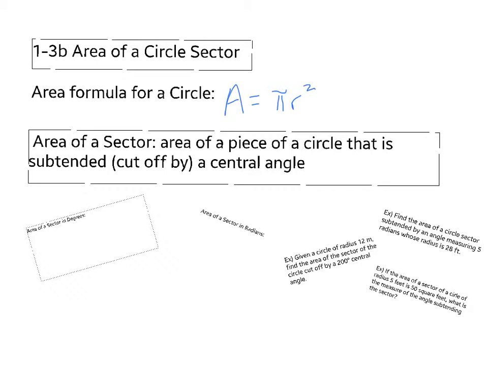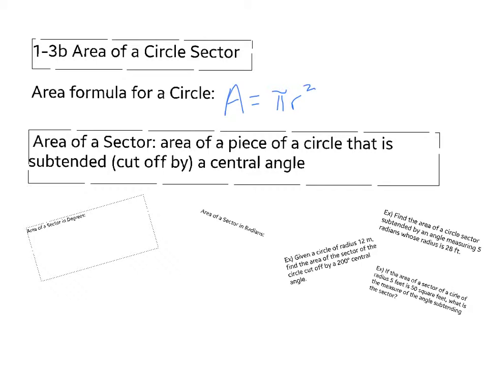So when we talk about the area of a sector, it's basically the area of just a piece of the circle that is subtended by, or cut off by, a central angle. In terms of our previous standard, which was the discussion of arc length, that is the length of a piece of the circumference, or a fraction of the circumference.